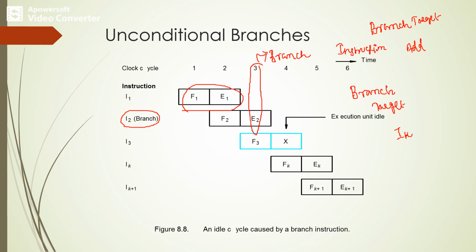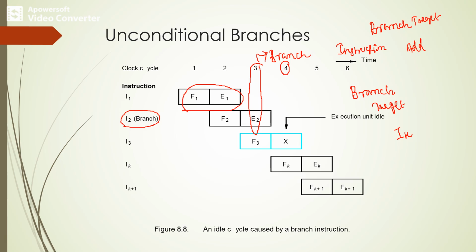During clock cycle 4, the processor must discard I3, which has been incorrectly fetched. So during this clock cycle, the processor will discard the instruction which is incorrectly fetched, and the instruction IK is fetched.